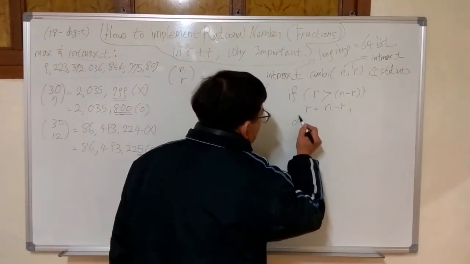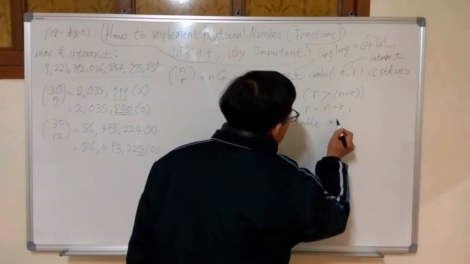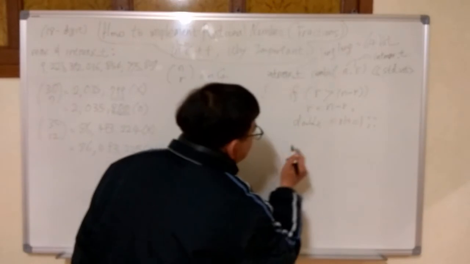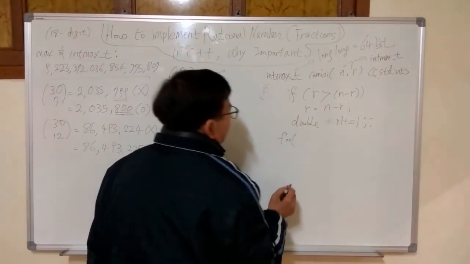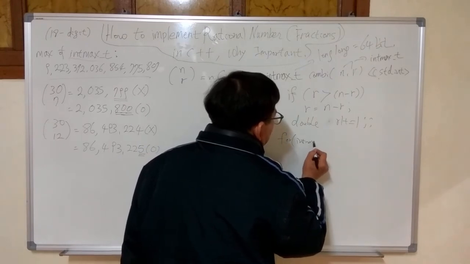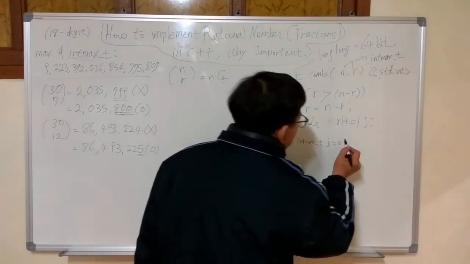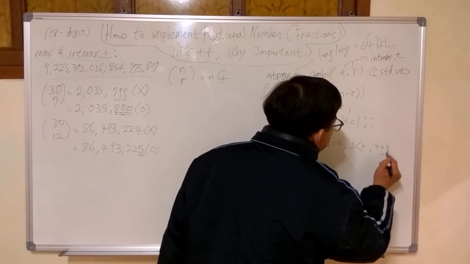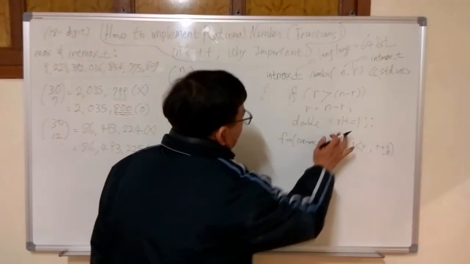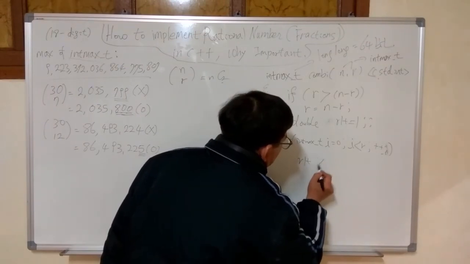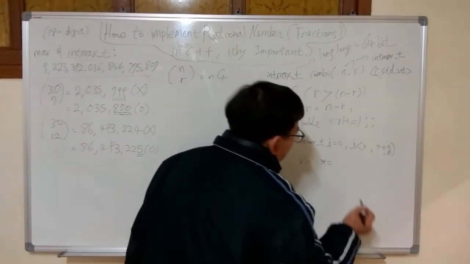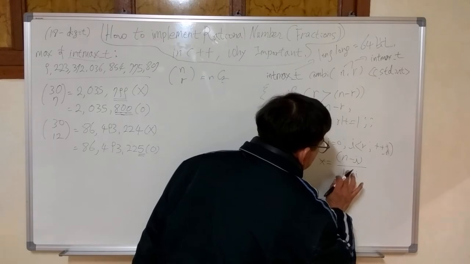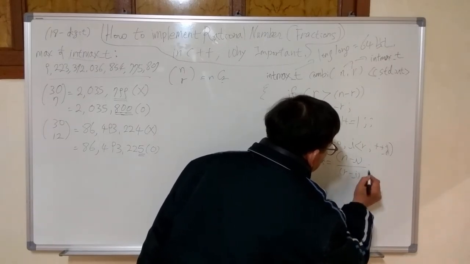We will say double rlt equals 1, for example. Then we do a loop, for example, like this: for intmax_t i equals 0, i is less than r, plus plus i. Then we do rlt times equals (n minus i) over (r minus i), like this.